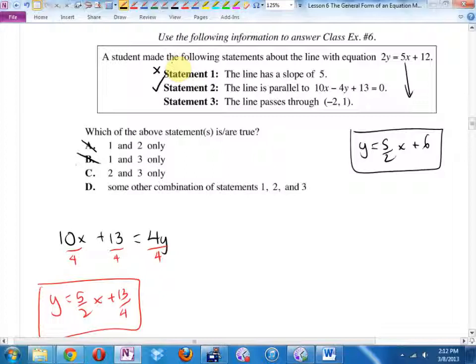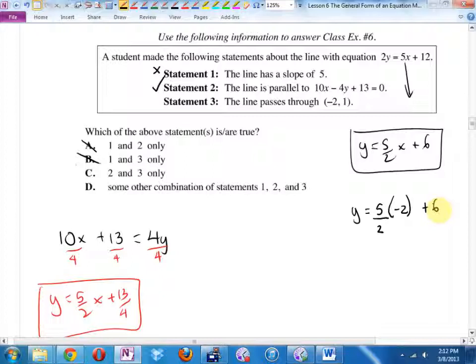If it doesn't, it doesn't go through it. So you ready? If you put a -2 in for x, then y should work out to, according to that statement, if it's true, Brianna, positive 1. Let's see if it does.